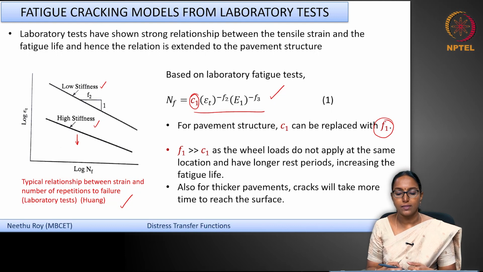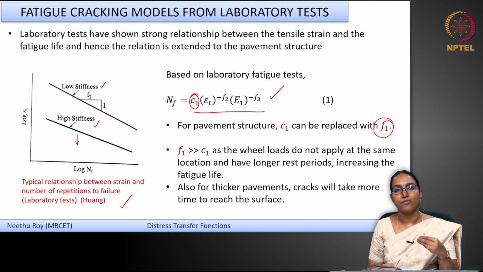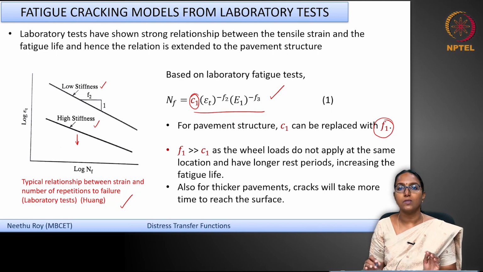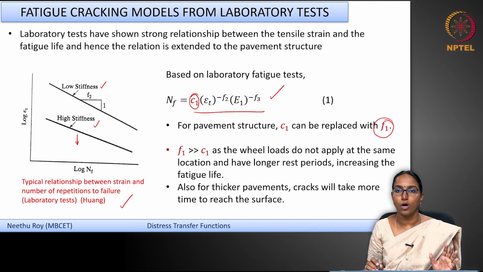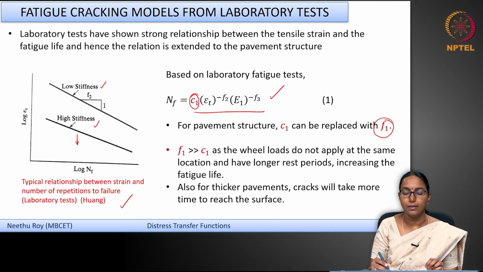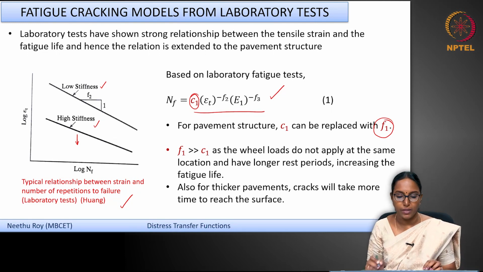So it is not necessary that a small number of load repetitions will bring it to a failure. Also, in the case of thicker pavements, a large amount of time may be required for the crack to propagate from its location of initiation to the surface of the pavement. Essentially, the distresses will be measured as you see on top of the pavement structure, right? So F1 will be a factor which will be much greater than the C1 factor that is estimated from the laboratory.